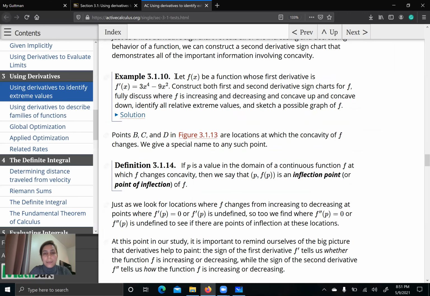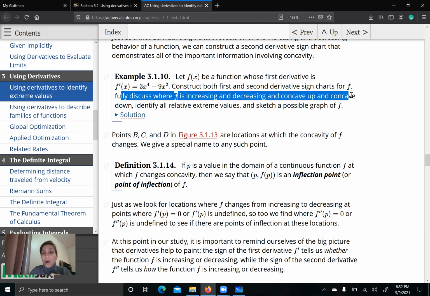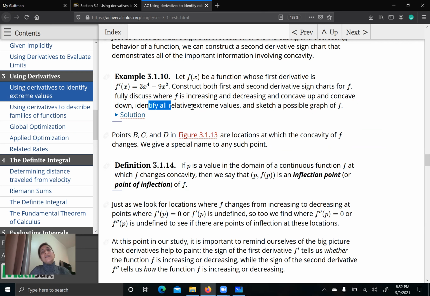In this example, it says, let f be a function. Again, we don't know the formula of the function, but the first derivative formula is given. It says construct both first and second derivative sign charts, fully discuss where f is increasing and decreasing, concave up and concave down, and then identify the extreme values.